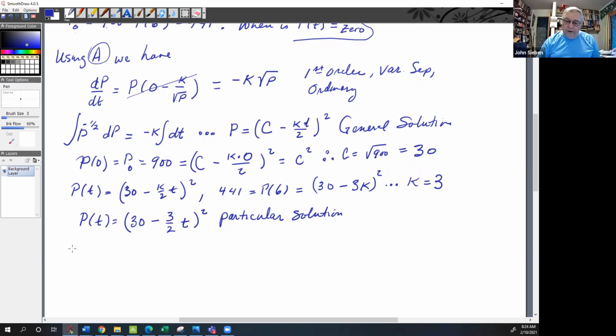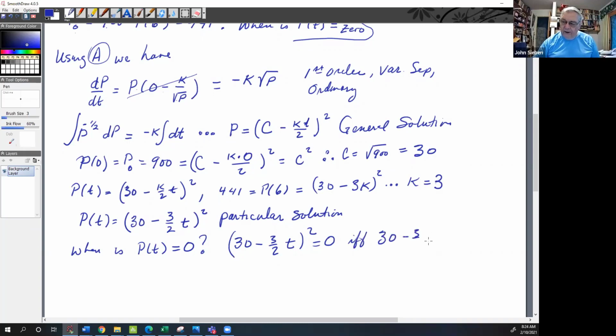And then our question was, when is P of T equal to 0? Well, 30 minus 3/2 T squared equals 0 if and only if 30 minus 3/2 T is equal to 0.